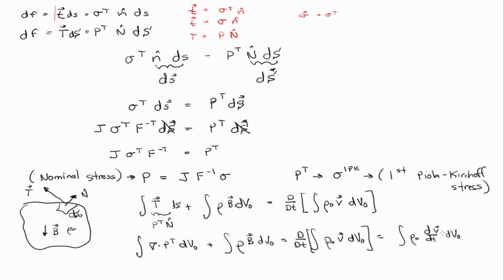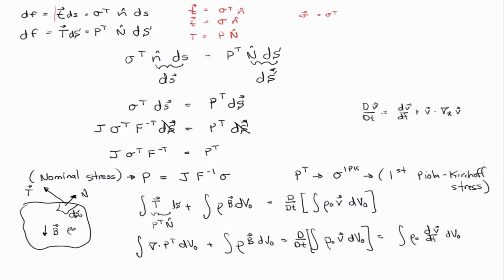The material time derivative is in spatial coordinates, so if I were to write down Dv/Dt, it is equal to dv/dt plus v dot grad little x of v. Now this term is 0, because there's no gradient with respect to little x; everything is in terms of big X, the reference configuration.